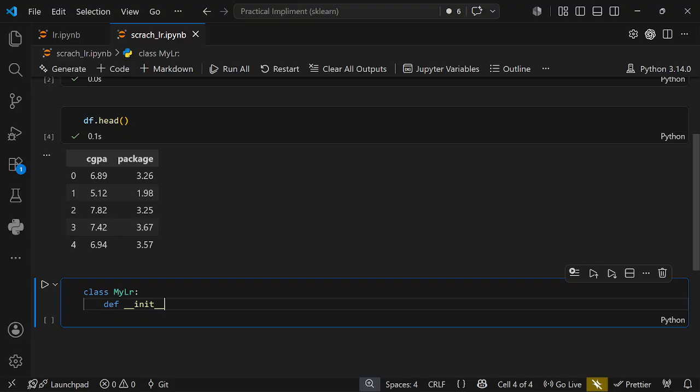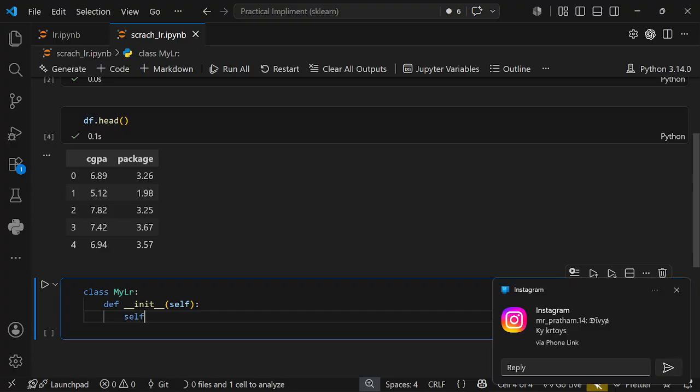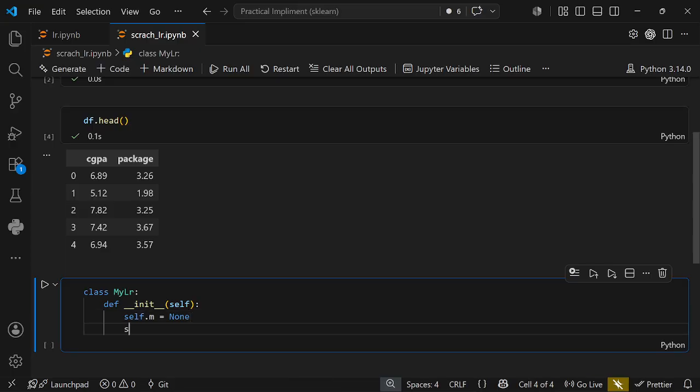Self dot m is equal to none, and self dot b, the intercept, will also be none. For now it is none.